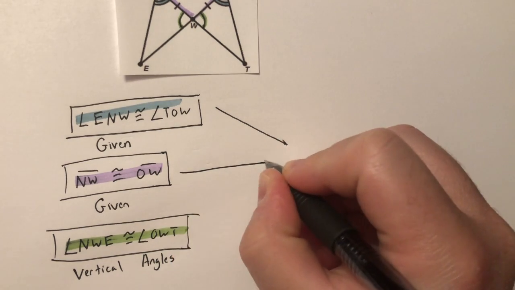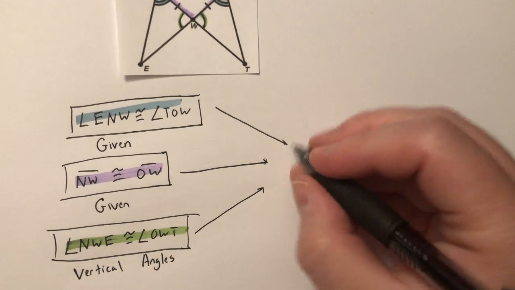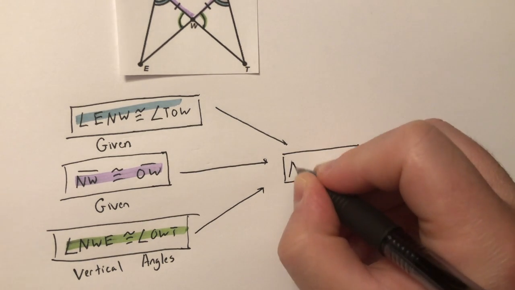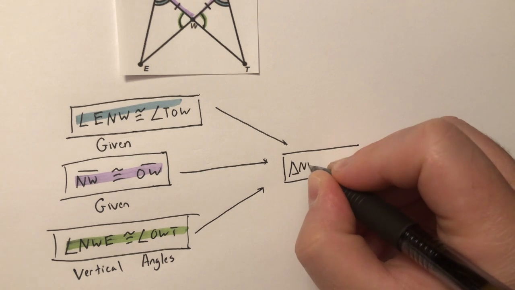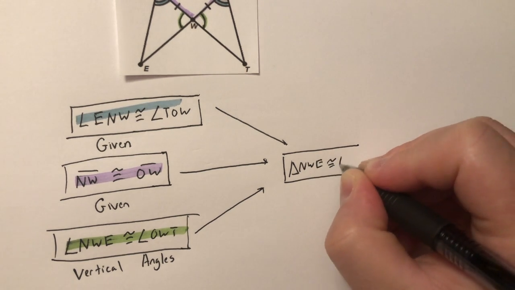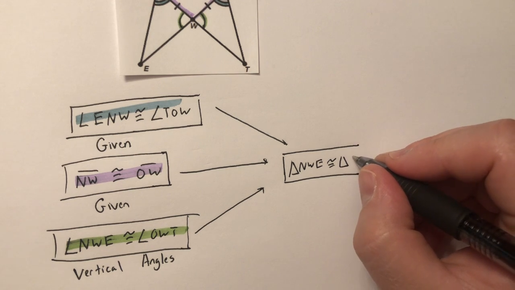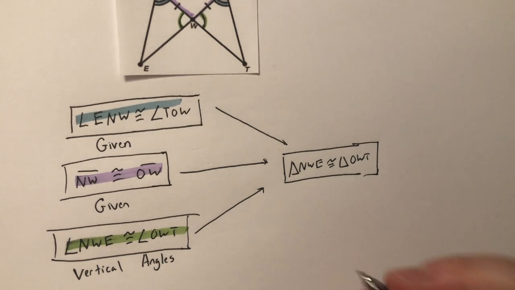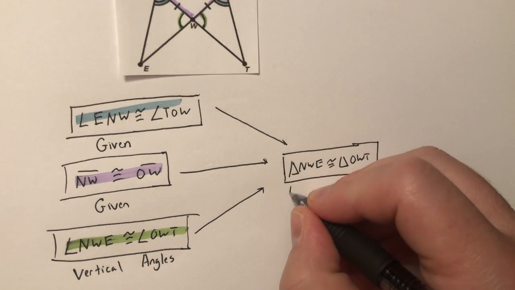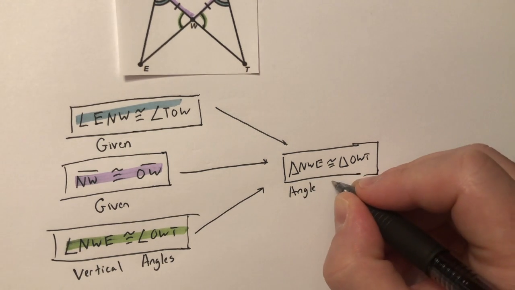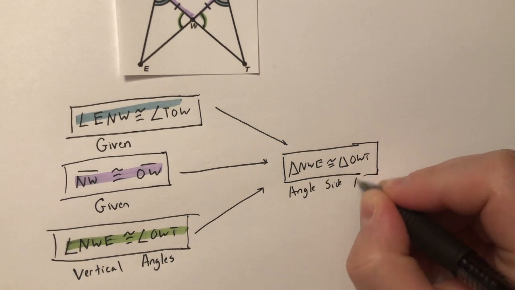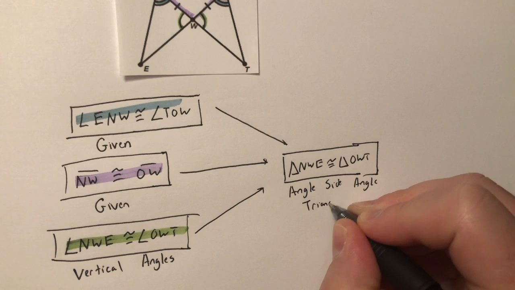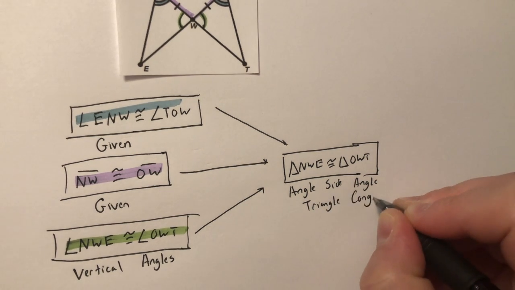So these three pieces help show me that triangle NWE is congruent to triangle OWT, because of angle, side, angle, triangle congruence.